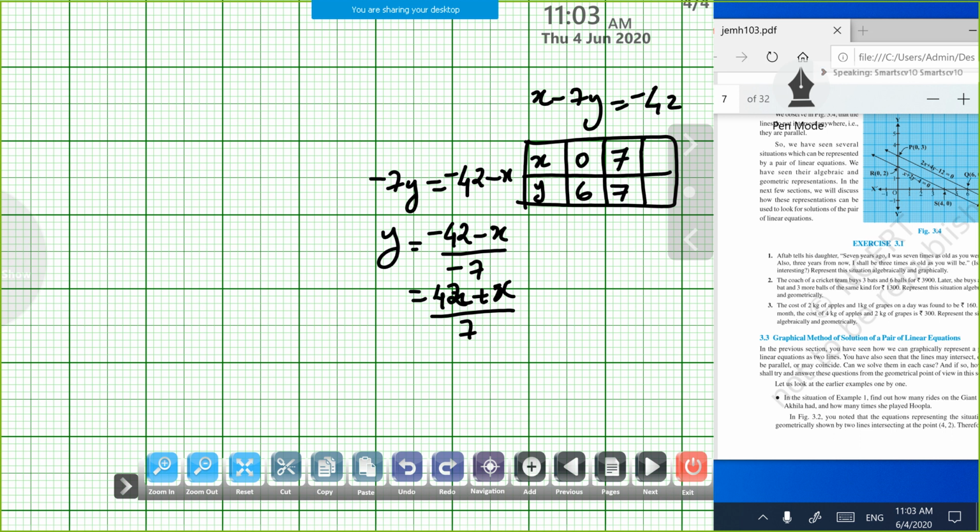Then one more, put x is equal to minus 7. That is 42 minus 7 is 35, 35 by 7 is 5.